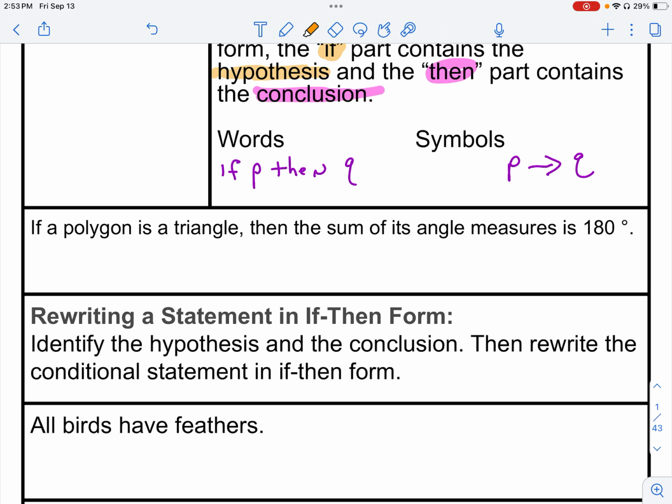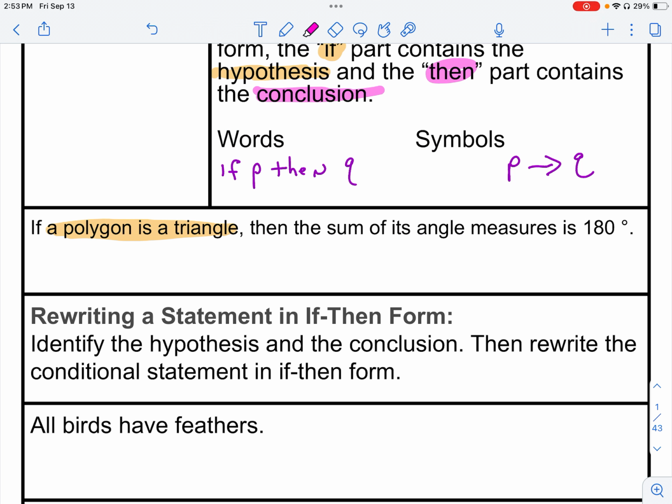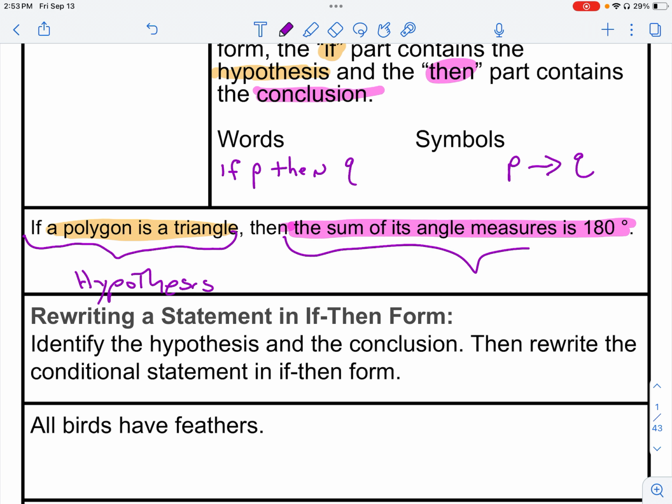So let's look down, let's identify our hypothesis. Well, if P, hypothesis, so this is going to be our P, and everything after the then is going to be our Q. So hypothesis and conclusion.